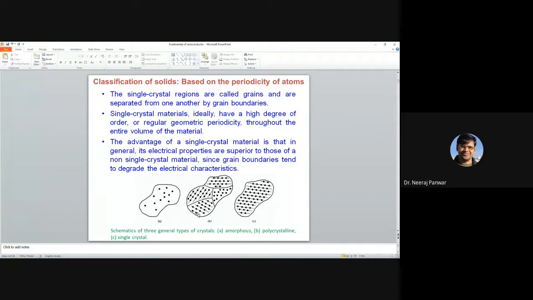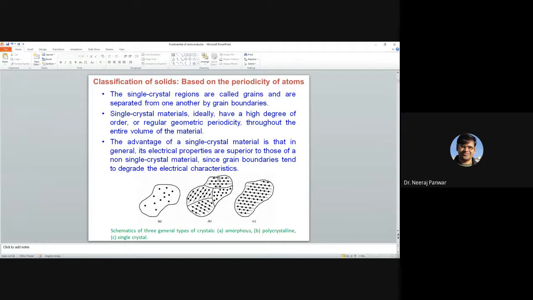For example, these planes are oriented in this direction, whereas in this region the planes are arranged in this direction. Similarly, in this region also we have periodic arrangement, but the orientation of atoms is different. Such materials are known as polycrystalline materials.